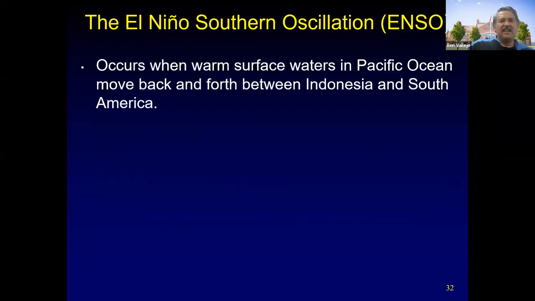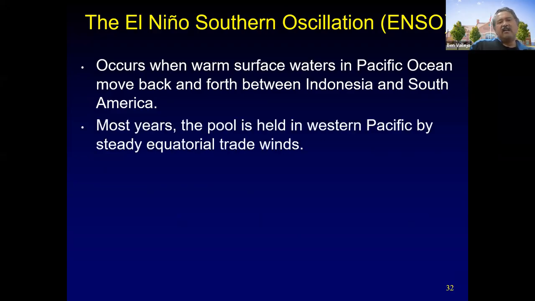Okay, the El Nino is when the warm surface waters in the Pacific Ocean move backwards, it seems, to South America. As the equatorial waters go back towards North and South America, the currents get pushed up along the eastern part of the Pacific Ocean, and that would be the west coast of Central America and North America.